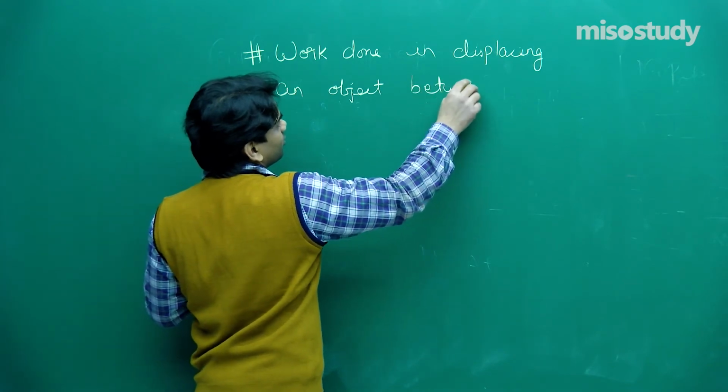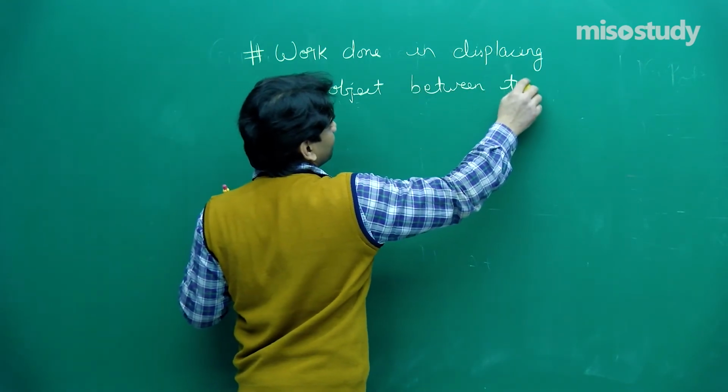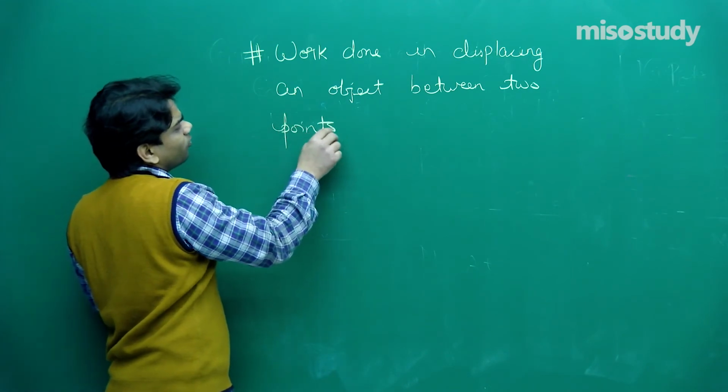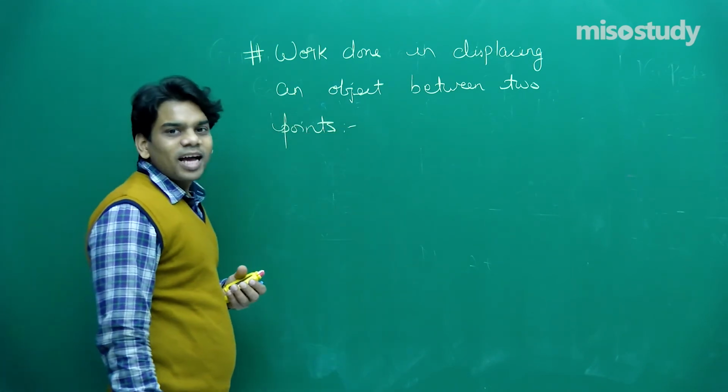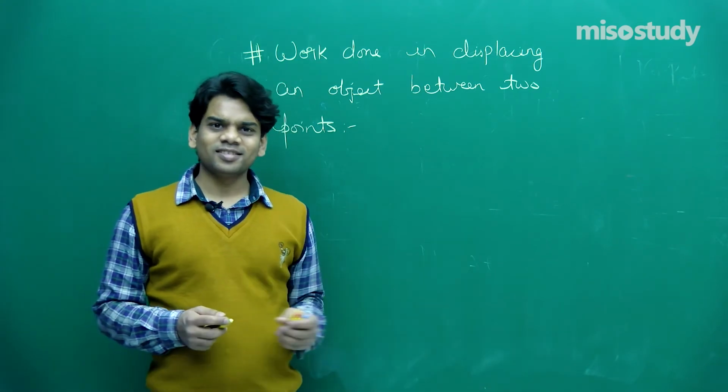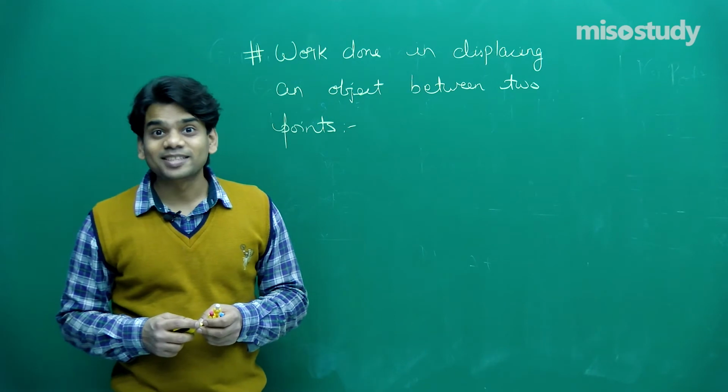Now see that if you are remembering the concept of potential, I told you all the potential energy, the change in potential energy is equal to work done by external force.